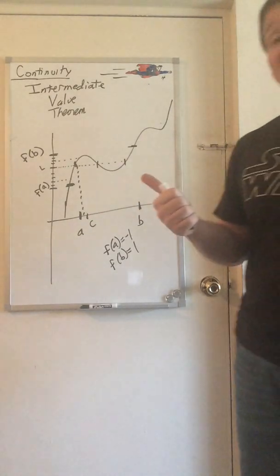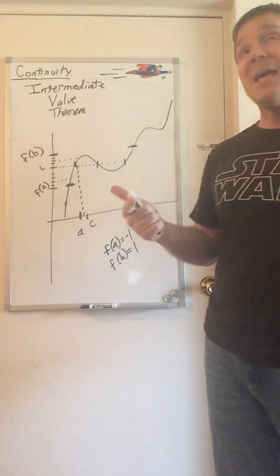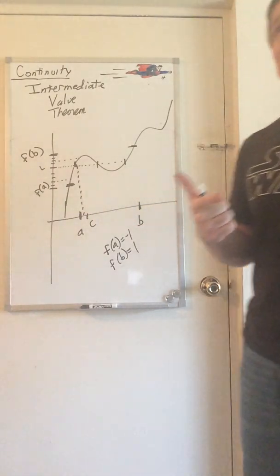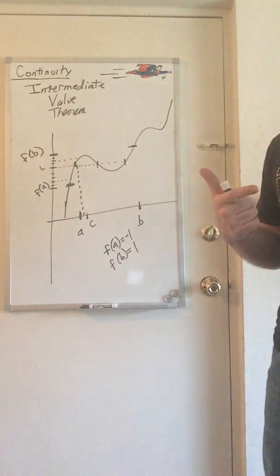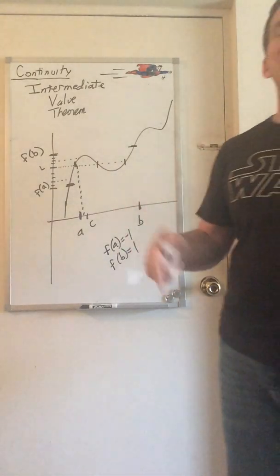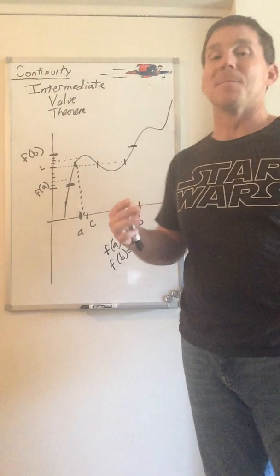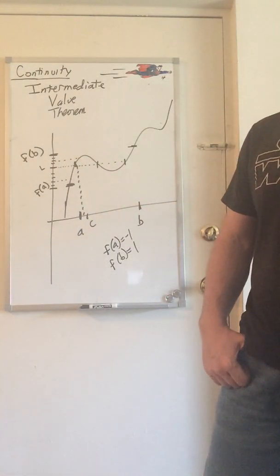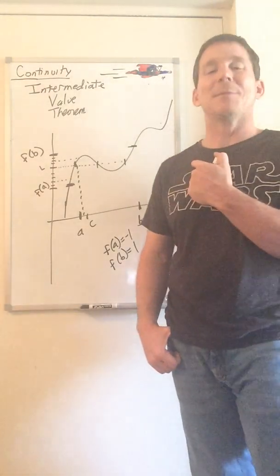Another thing that helps me is if it's continuous, maybe I can use the intermediate value theorem to find zeros, and then I can get a better sketch of what the graph has to look like. And then we'll come up with some calculus ideas that will let us expand on that even further. So this is simple, I know, but it's really important. So make sure you spend time kind of pondering it and thinking about what it means.